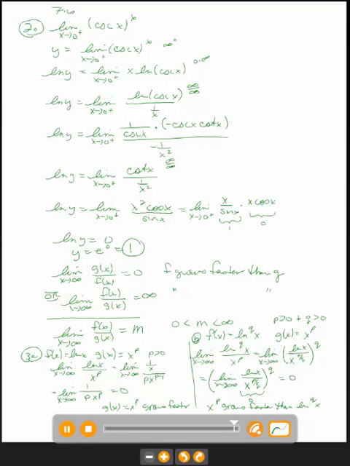So these are two really good ones. x to any positive power is going to grow faster than any power of a natural log function. If you think about the natural log function, it grows really, really slowly when you graph it. So that would make sense that x to a power was going to grow faster.